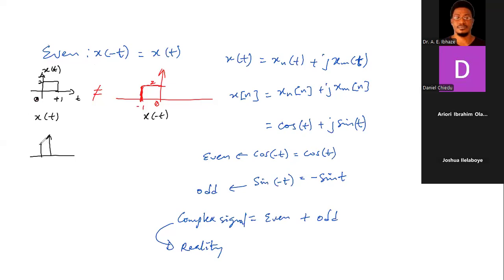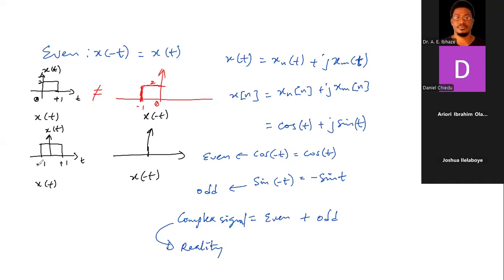Something like this. So let's say this is -1, this is +1, this is time, and this is S of t. Now, if I perform time reversal on this signal, I'll start with my negative time axis.